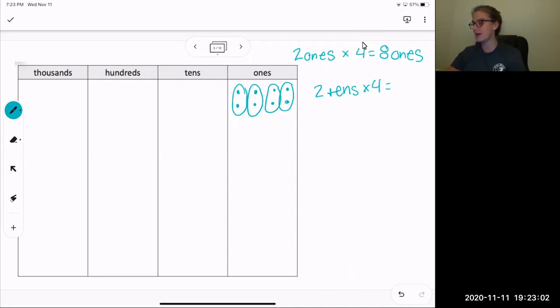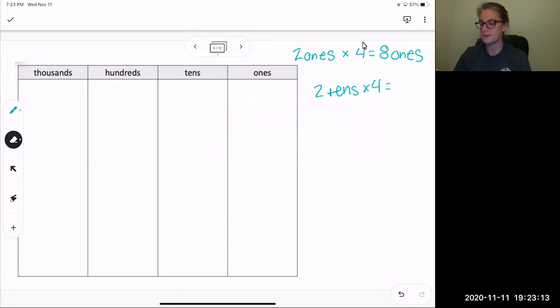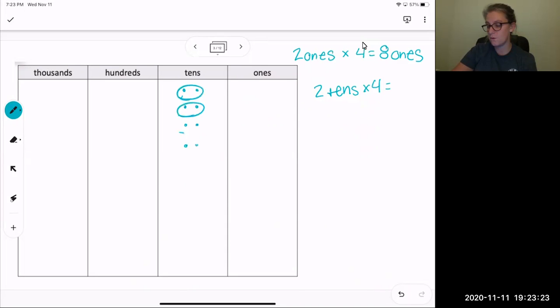What's that going to get us? Okay, so 2 tens, if we're representing 2 tens times 4, which I'm going to write this one up and down, we end up with 2, 4, 6, 8, 8.